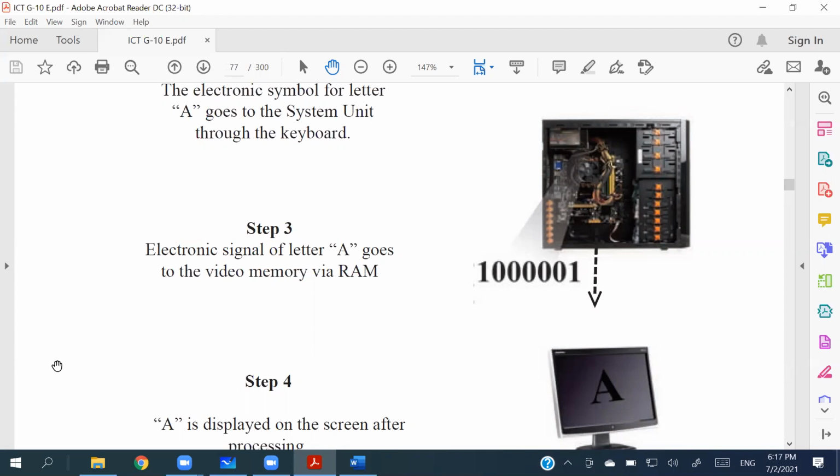High voltage is indicated by 1 and low voltage is indicated by 0. So whenever a particular CPU needs to understand something, it will receive a signal with these high and low voltages, a sequence of those.